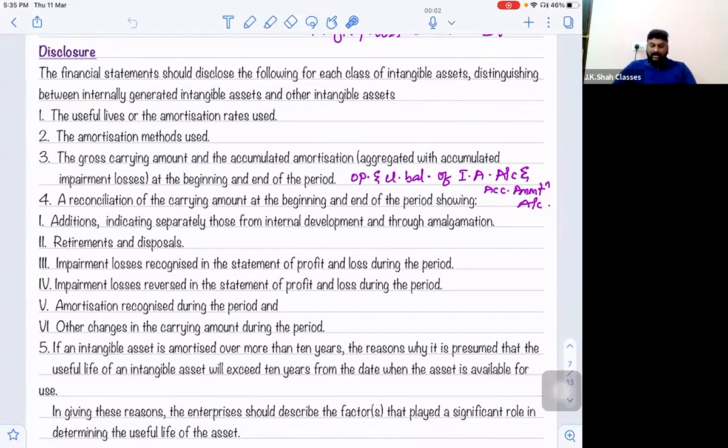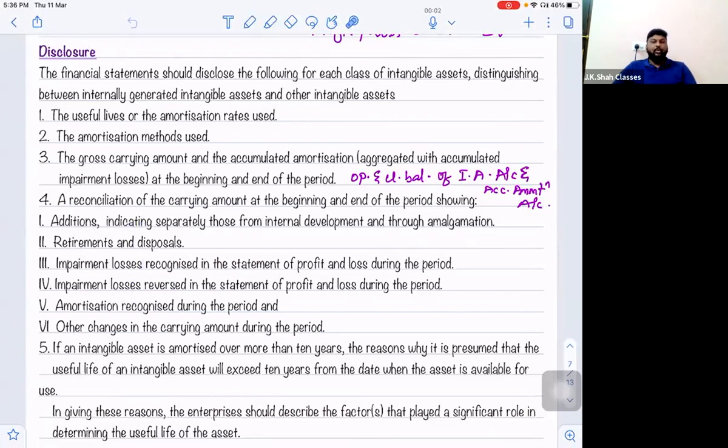Then point number 4, a reconciliation of the carrying amount at the beginning and at the end of the period means with respect to your intangible asset, whatever is the opening carrying amount and closing carrying amount, you have to show the reconciliation. And I think the same reconciliation point had also arisen in AS10. And you have to show the same points for doing reconciliation.